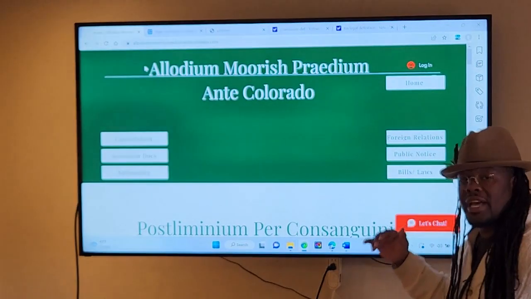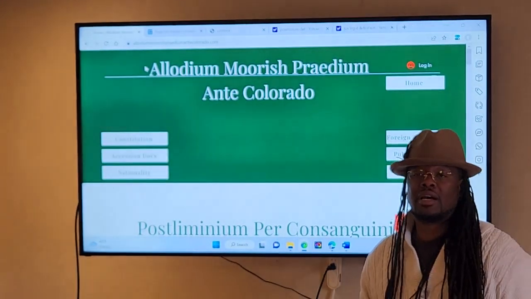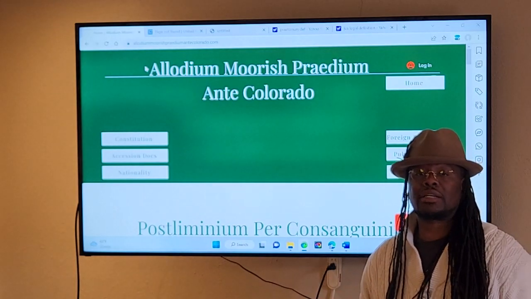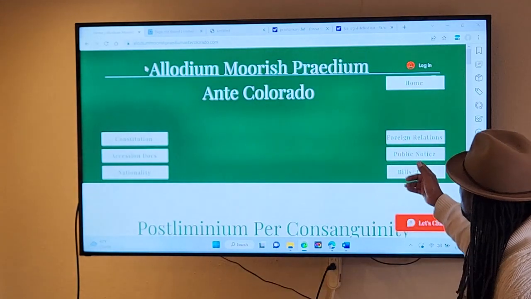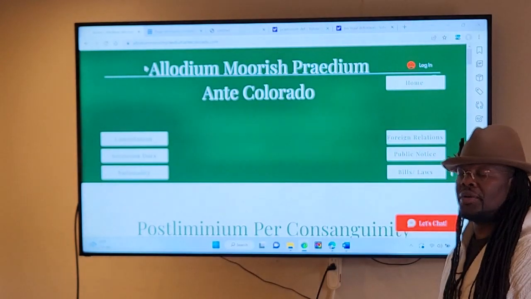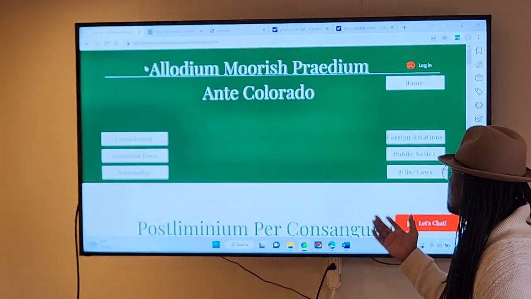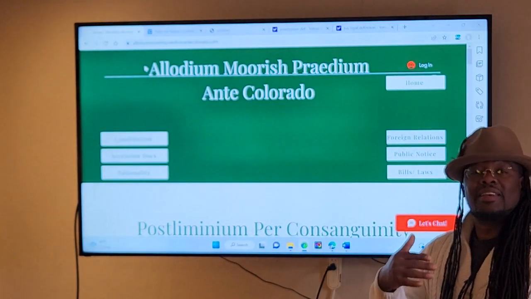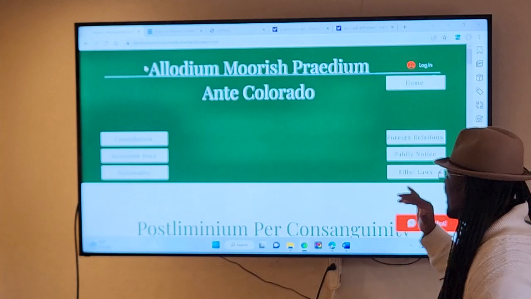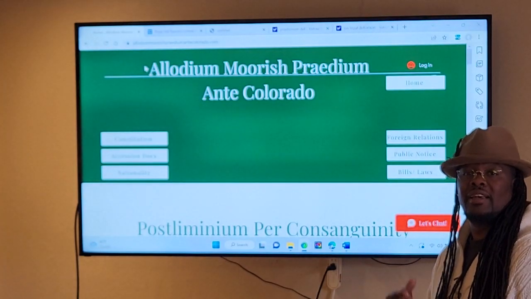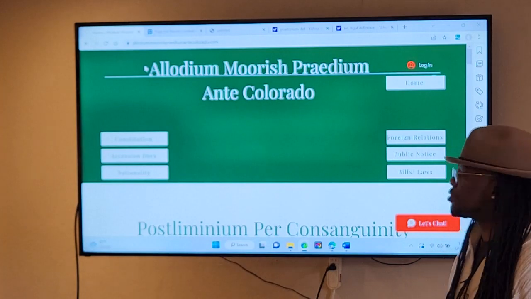Foreign relations documents for all the states that are forming that may or may not have a checklist. Public notices of any laws that we may have on the books, or public notices for anything that's going on in the jurisdiction of AMPAC that directly affects the nationals.